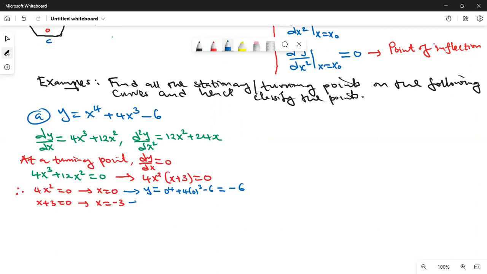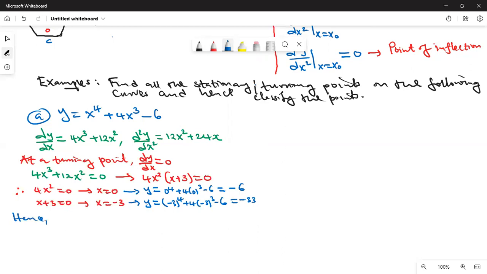What about when x is negative 3? What will be y? So y will be negative 3 raised to 4 plus 4 times negative 3 cubed minus 6, and that should give us negative 33.